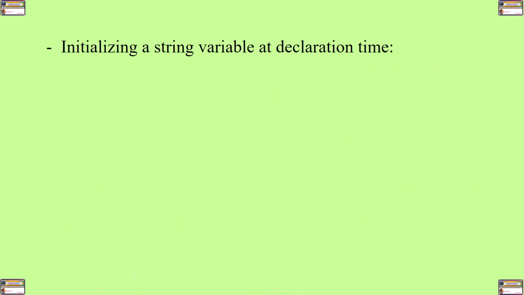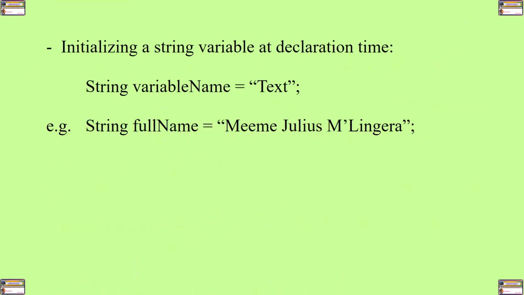Initializing a string variable at declaration time can be done as follows. You enclose the text that you want to assign in a memory location in double quotes, and you specify the type, which is string. Like in this case, we have string. The name of the variable is variable name, and you are assigning into it text. For example, string fullName equals Meme Julius M. Ligera.